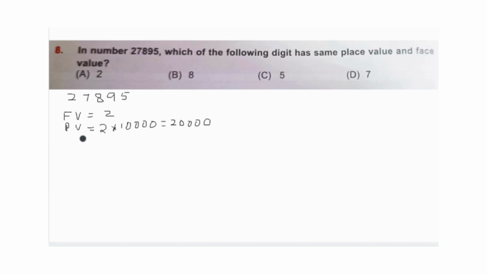Now let's go to the next digit. The next digit here is 7. The face value of the digit is 7 and it's in the ones, tens, 100, thousands place. So the place value of this digit is going to be 7 times 1000, which is going to be 7,000.